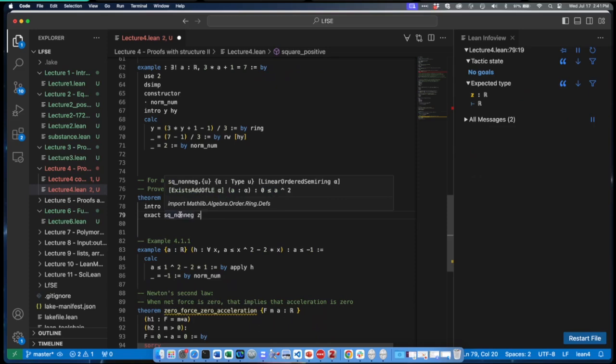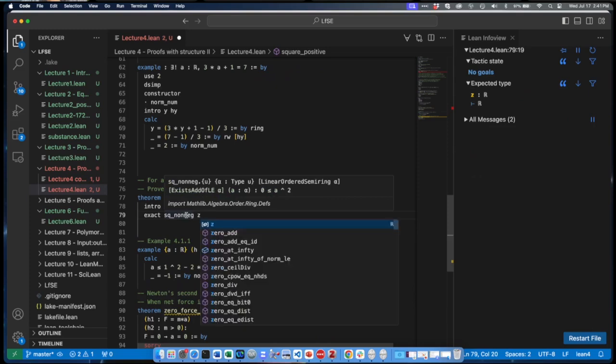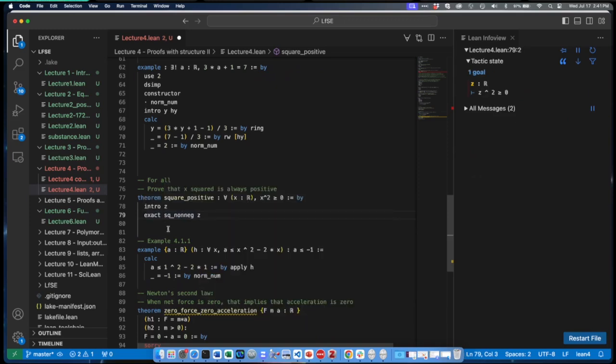And next, we talked last time about how you use math theorems. So we are now going to go to MathLib and use the square non-negative theorem, which is in the MathLib database, that states that 0 is less than or equal to a squared. Someone went and proved this already, so we don't have to do it ourselves.